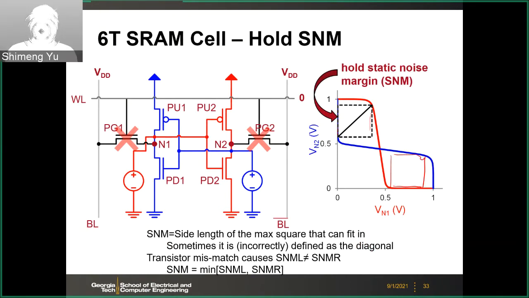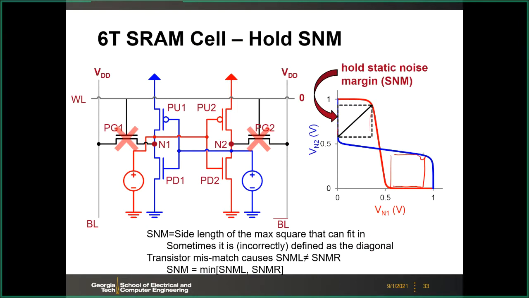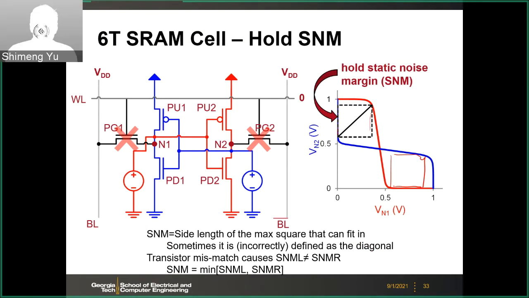If the transistors are matched, that means they are perfectly the same, then you have two identical squares. But if there's process variation, then you may end up with one larger square and one smaller square. Then by definition, the static noise margin will be the smaller one. That's the worst case.